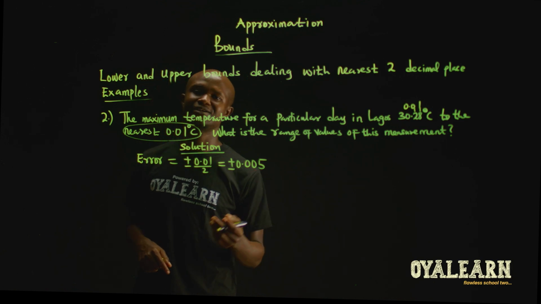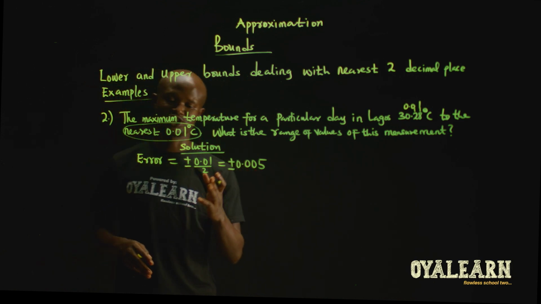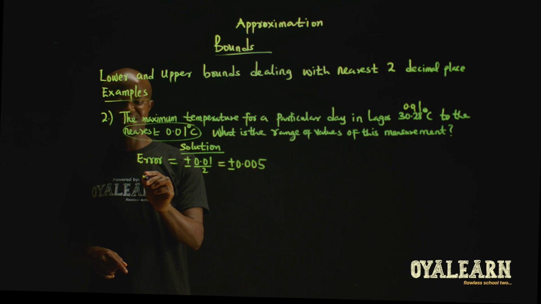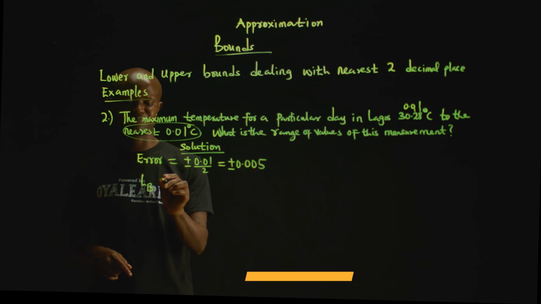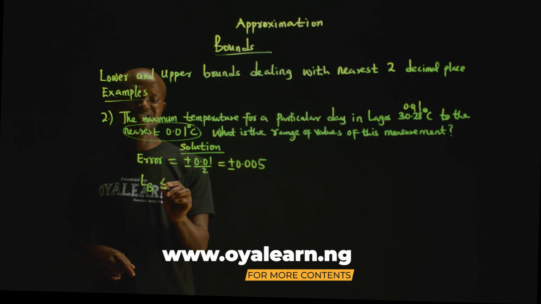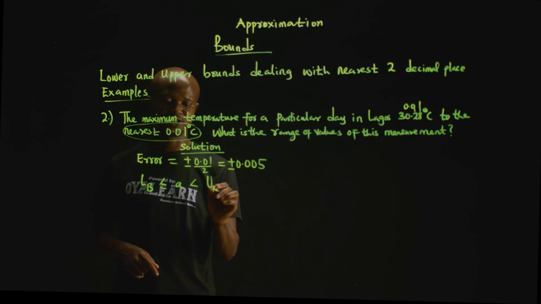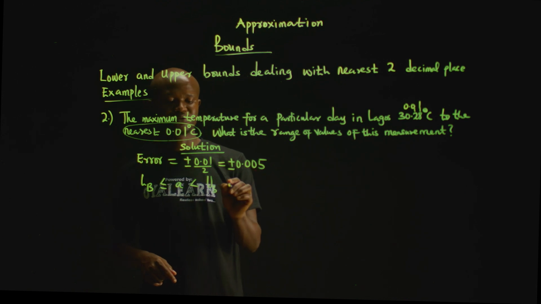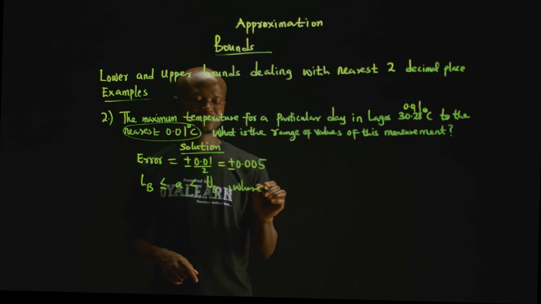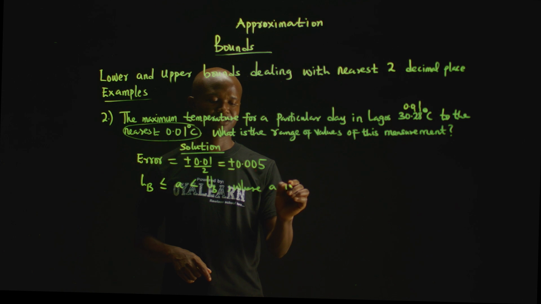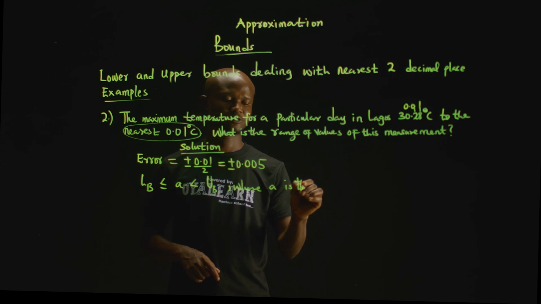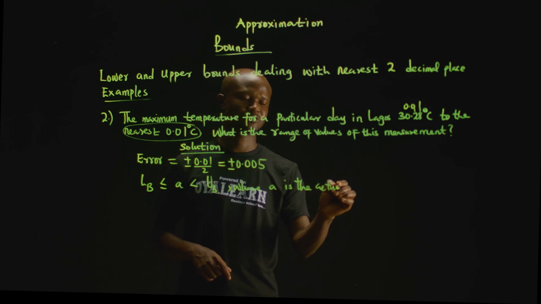Now, we want to get the range of values of this measurement. So for the range of values, we write S subscript B less than or equal to A less than U subscript B, where A is the actual temperature.